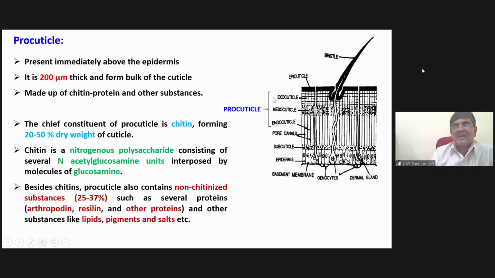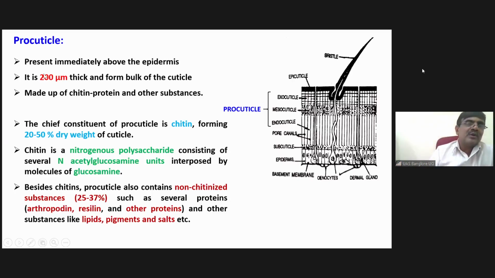The procuticle consists of outer exocuticle, middle mesocuticle and lower endocuticle. This procuticle is present immediately above the epidermis.